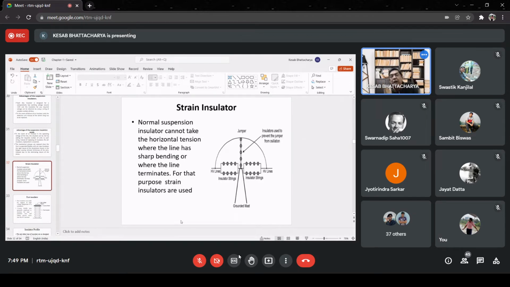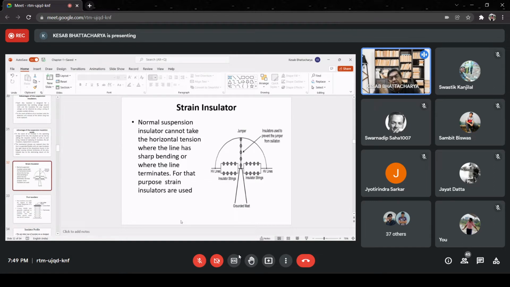In those cases, with normal suspension insulators, we cannot connect the lines to that tower. For that purpose, strain insulators are used.